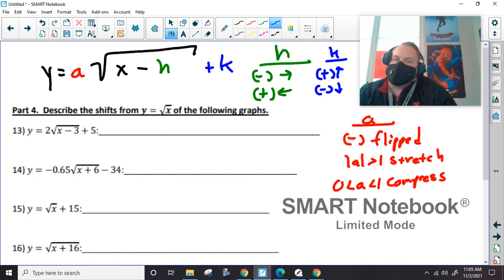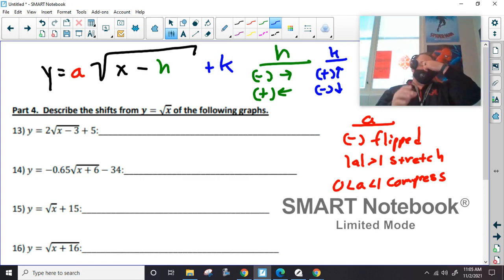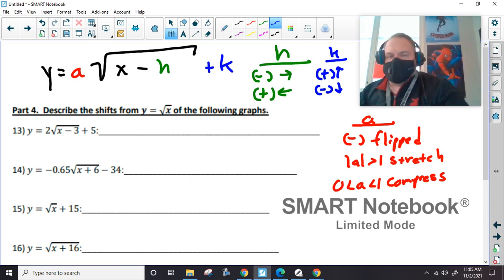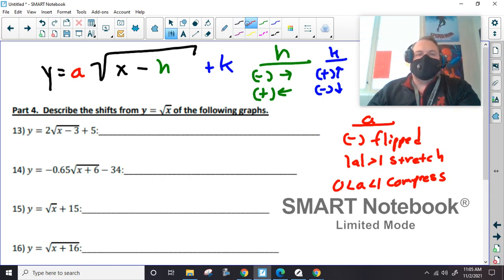If it's less than that, it's a compress. H, if it's written as negative, it goes right. If it's written as positive, it goes left. K, positive up, negative down. This is the one that has a drop down, and it actually has the numbers. This is the last question on the test, and you have to say stretch, compress, left, right, up, or down. That's all you have to do.